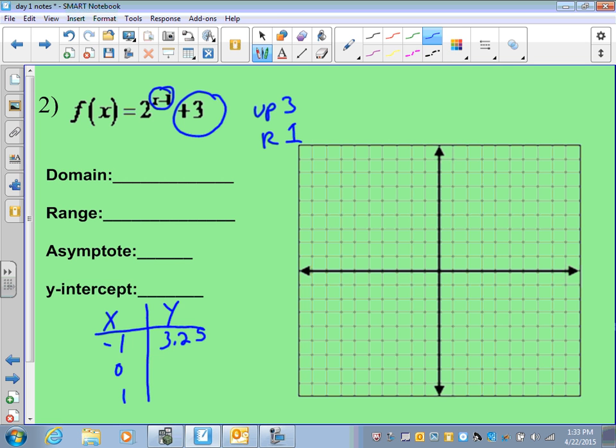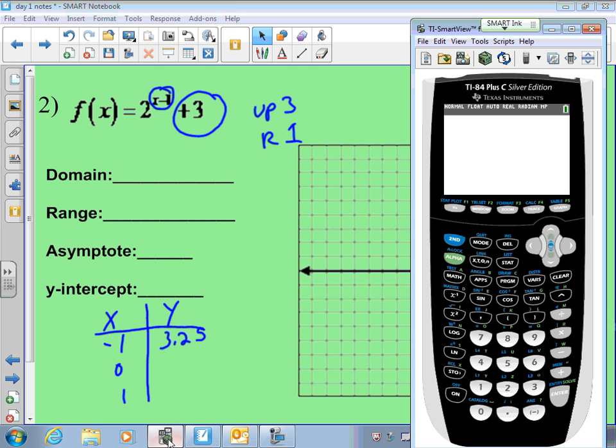So if I put in -1 for x, I'm going to get 3.25. And let's do that. We have 2 to the -1 minus 1, that is 2 to the -2 power, and we're going to add 3, and we have 3.25.